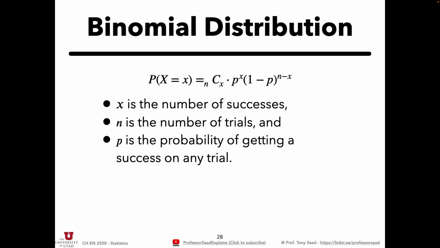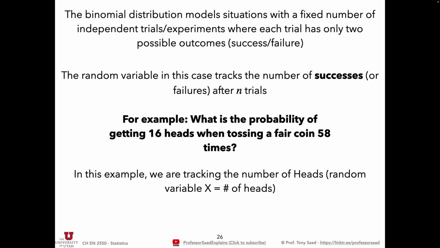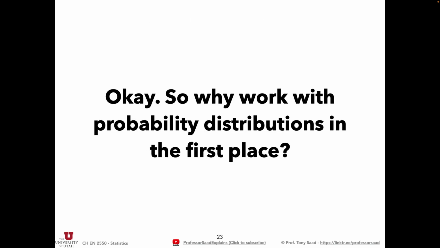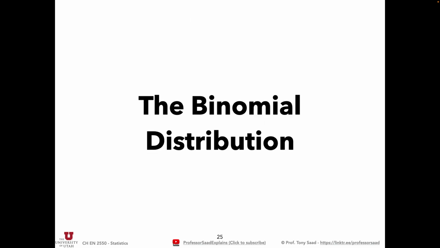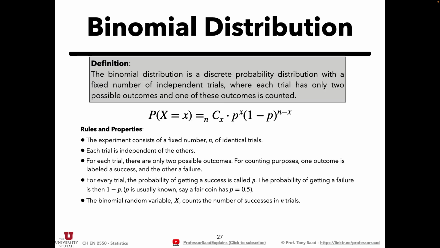We said it had some rules to apply. So we're going to go through the rules of the binomial. The experiment consists of a fixed number of identical trials. So if you're flipping a coin or tossing a die, etc., each trial is independent of the others.